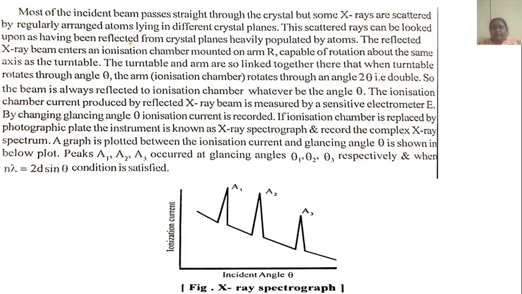These scattered rays can be looked upon as having been reflected from crystal planes heavily populated by atoms.